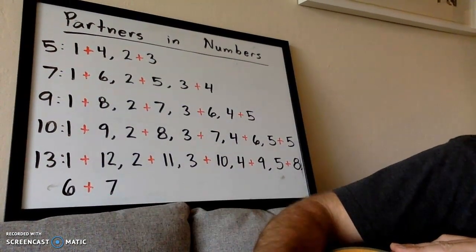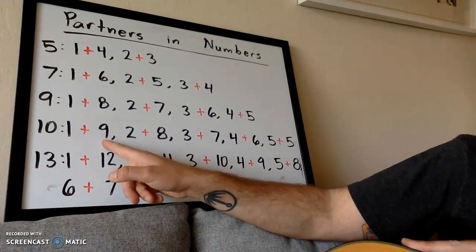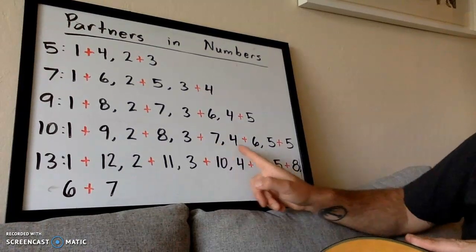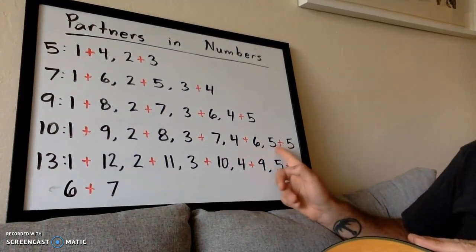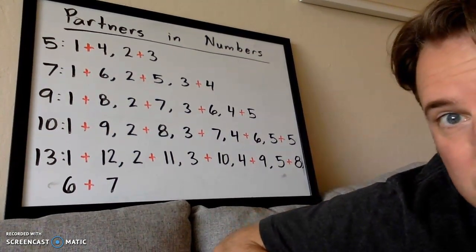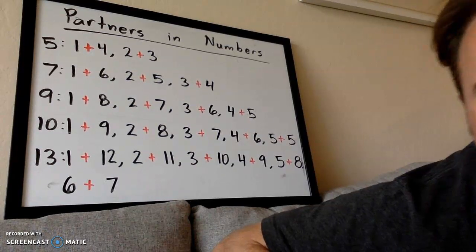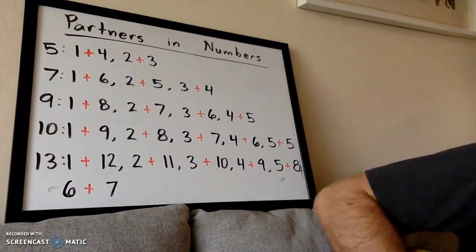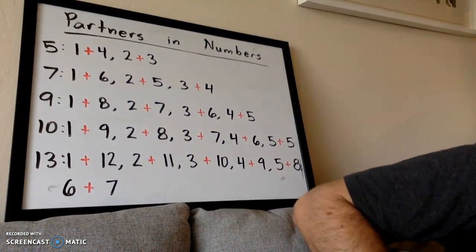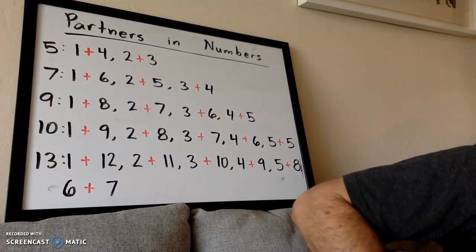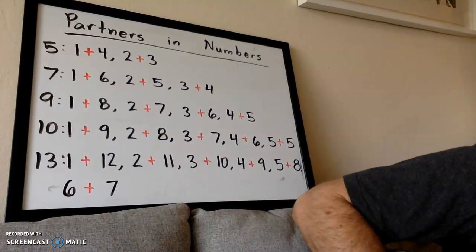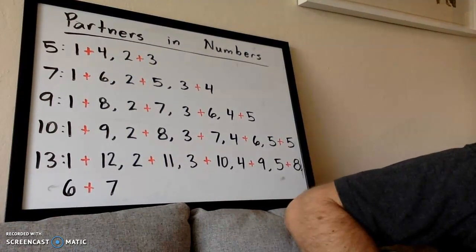10. Your choices are 1 and 9, 2 and 8, 3 and 7, 4 and 6, or 5 and 5. Go ahead and decompose. Now do it a different way.